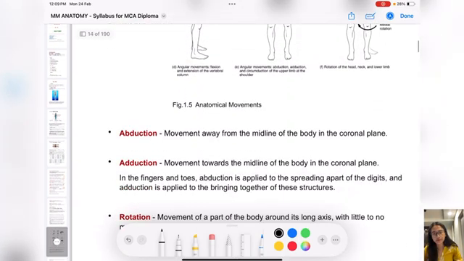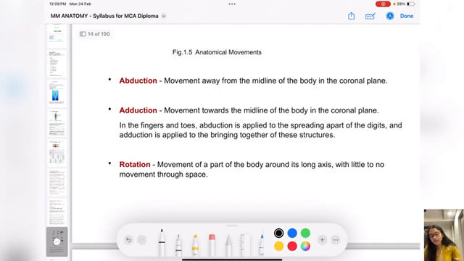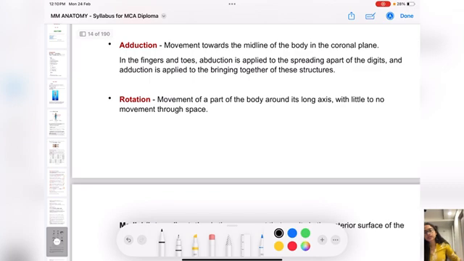Now what is abduction? Movement away from the midline of the body in the coronal plane. This is abduction. And movement towards is adduction. And what is rotation? The movement of a part of the body around its axis.